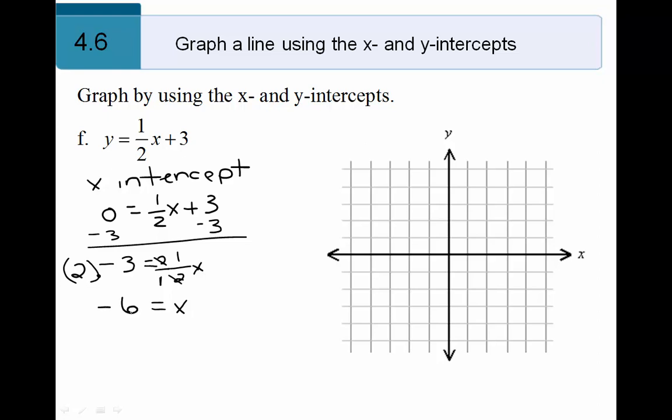So my x-intercept will be negative 6, 0. So I'm going left negative 6. 1, 2, 3, 4, 5, 6. Once again, it's taking me off. It's going to be about right here. And now to find my y-intercept.